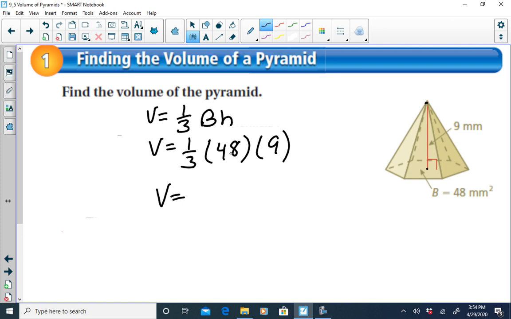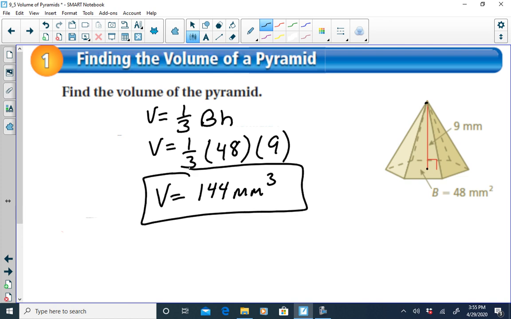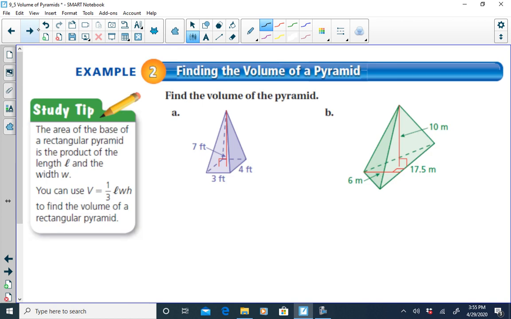Or you can multiply 48 times 9 and then divide by 3. Multiplying by 1/3 is the same as dividing by 3, and we get 144 cubic millimeters for the volume of that pyramid. Okay? A couple of other examples.